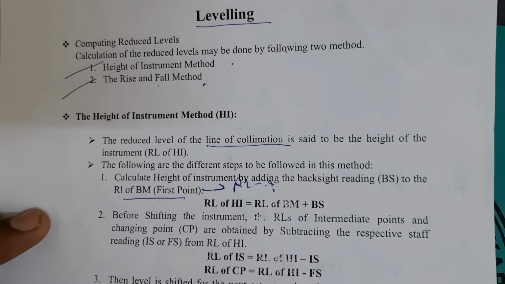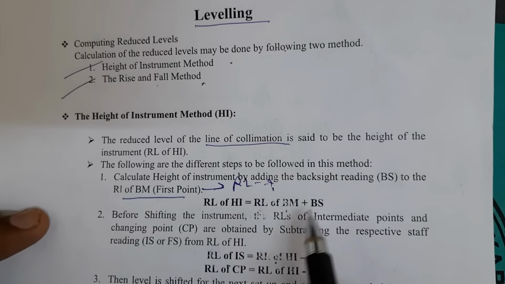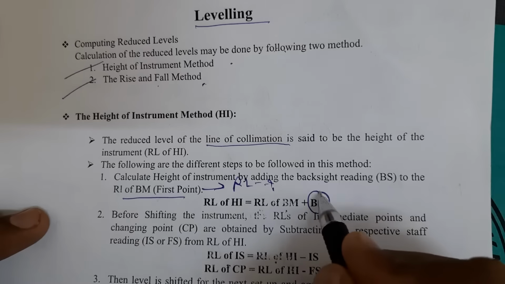First we measure the RL of BM using staff and dumpy level. The equation used to calculate RL of HI is RL of HI equal to RL of BM plus BS.